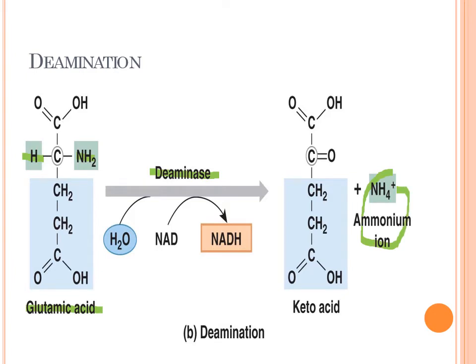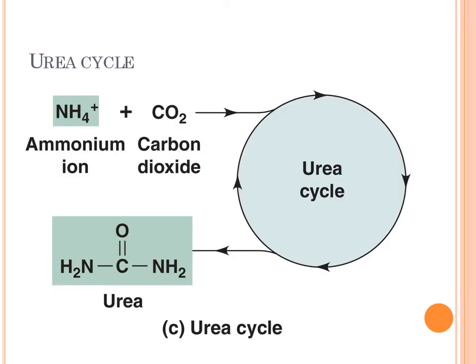And we've decreased the glutamic acid down into a keto acid. In the urea cycle, the ammonium ion gets added to a carbon dioxide. They go through this processing cycle and are turned into urea from ammonium, and then the urea can be excreted by the kidneys.